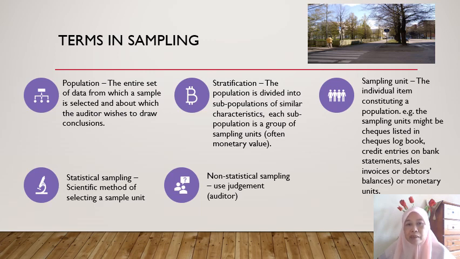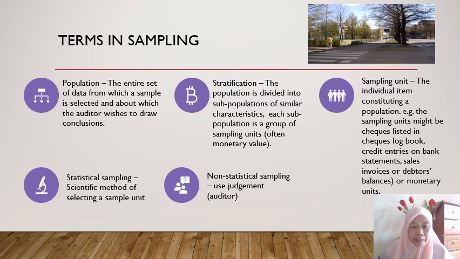This is where the population is divided into groups of similar characteristics, and each group is a group of sampling units. The third one is the sampling unit. A sampling unit is an individual item constituting a population. For example, sampling units might be checks listed in a checks logbook, credit entries on a bank statement, sales invoices, or debtors' balances.